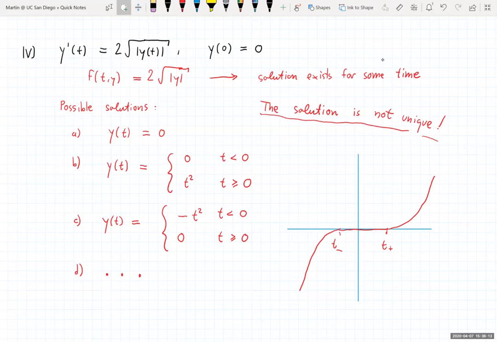This phenomenon demonstrates that the Peano existence theorem, if it applies, guarantees the existence of the solution for some time at least, but it does not guarantee the uniqueness of that solution.